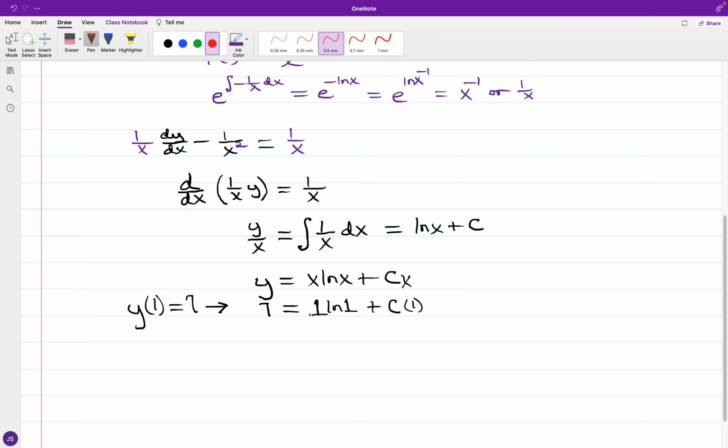The natural logarithm of 1 is going to end up at 0, and c times 1 is c, and it's equal to 7, so we have right away that the missing constant value is going to end up at 7.